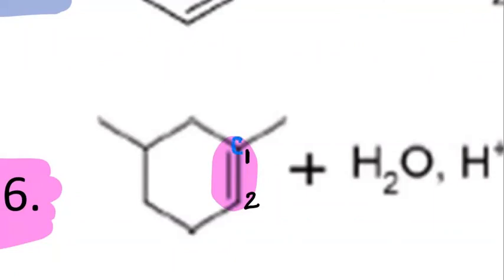Carbon number 1 is a carbon atom that doesn't have any hydrogens because it has a bond, and it has a double bond, so it already has 4 lines connected to it. This is a CH3.